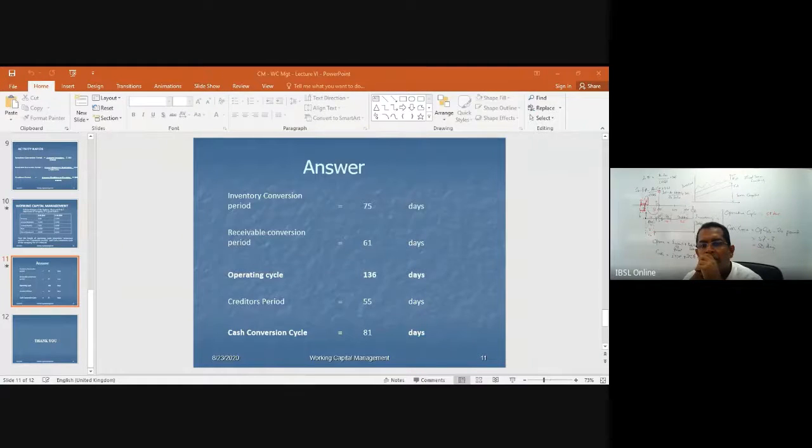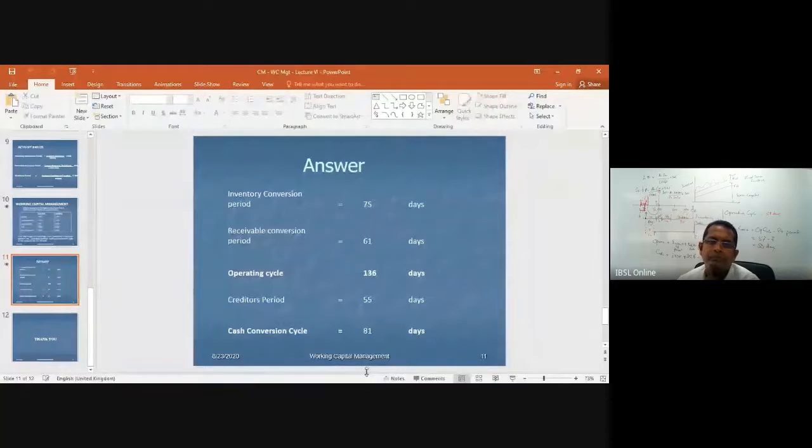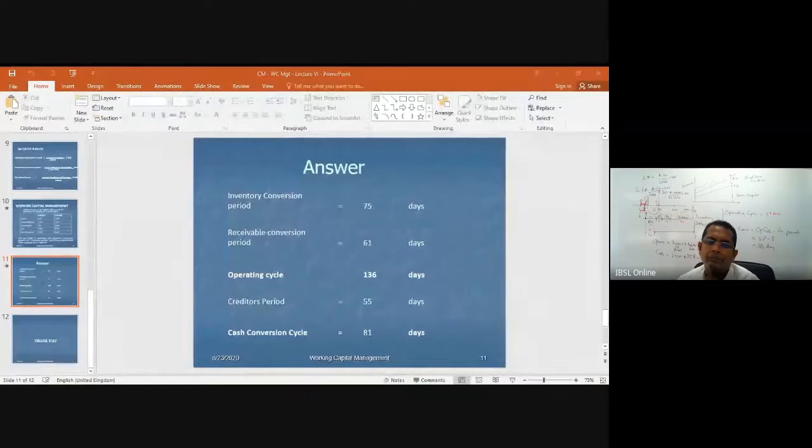Sanjeev, you have to do the cash cycle as well. Jayani, check the receivable period. This one.